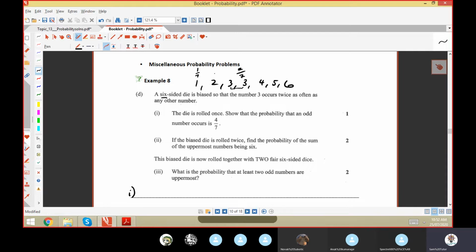Probability of a 1 would obviously be 1 out of 7, 1 out of 7, 1 out of 7, and you can see everything else pretty much adds up to 7, and that is exactly what I would have done. And yeah, obviously show that the probability that an odd number occurs, odd would be 1, 3, and 5, so that's 1 out of 7 plus 2 out of 7 plus 1 out of 7. Probability of an odd. Good work.